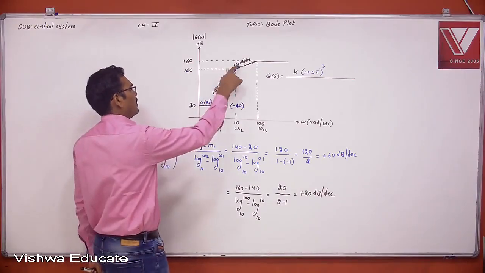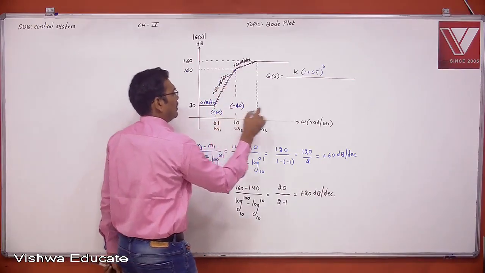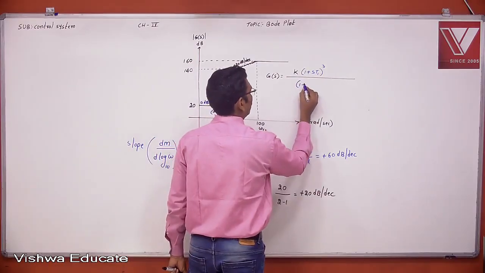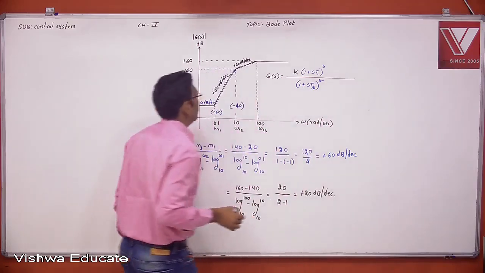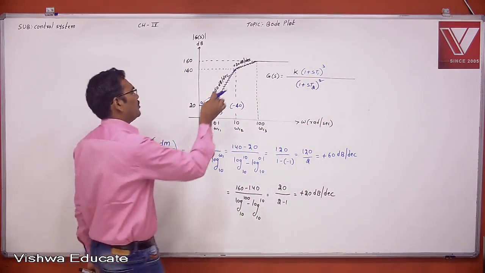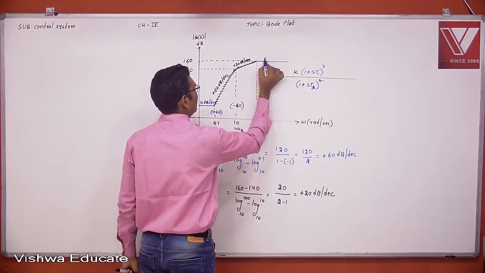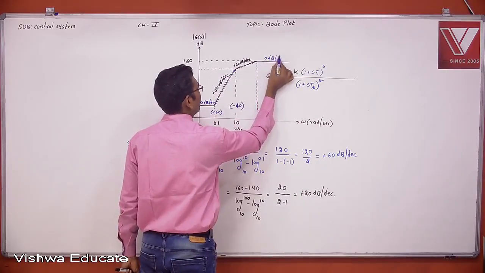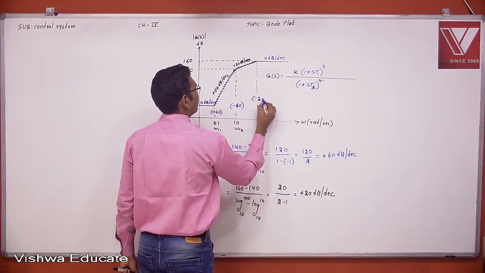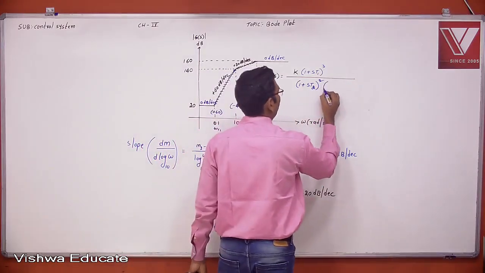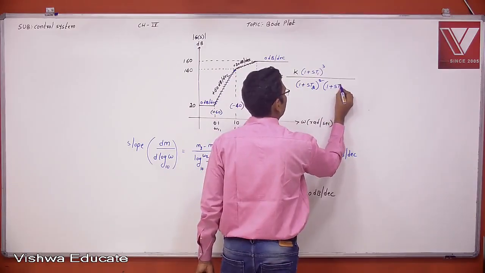The minus 40 is because of two simple poles. Now plus 20 will become 0 dB per decade by adding minus 20. The minus 20 is because of one simple pole, 1 plus s t3.